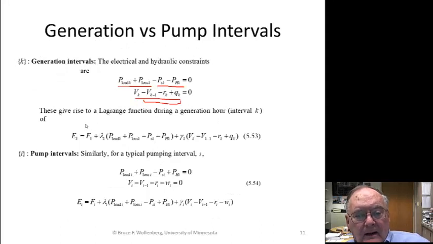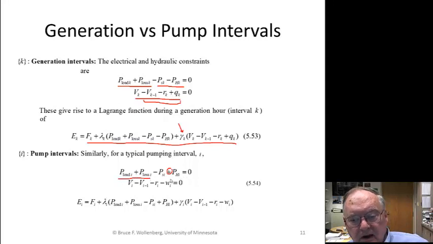Now we're going to build, during the generate intervals, a Lagrange equation like that, and this is the Y_k for the generate intervals only. During the pump intervals, we change the sign in front of the hydro, because now I'm supplying load, losses, and I'm putting power into the pumping.